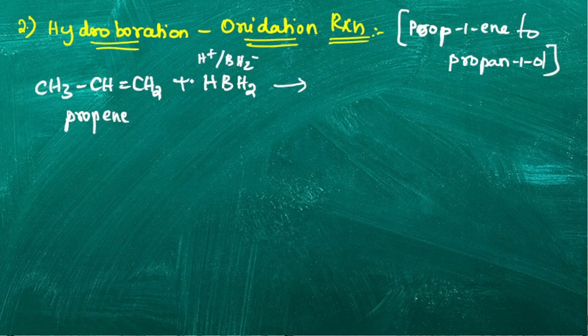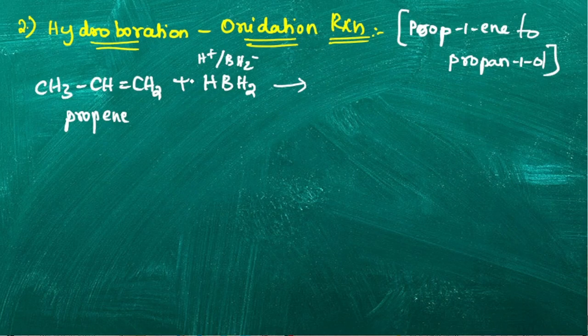BH2 is going to go and attach to the carbon, following the anti-Markovnikov's rule. Based on the anti-Markovnikov rule, the negative part will go and attach to the carbon containing more number of hydrogens. So your BH2 minus is going to attach to the carbon containing more hydrogens.